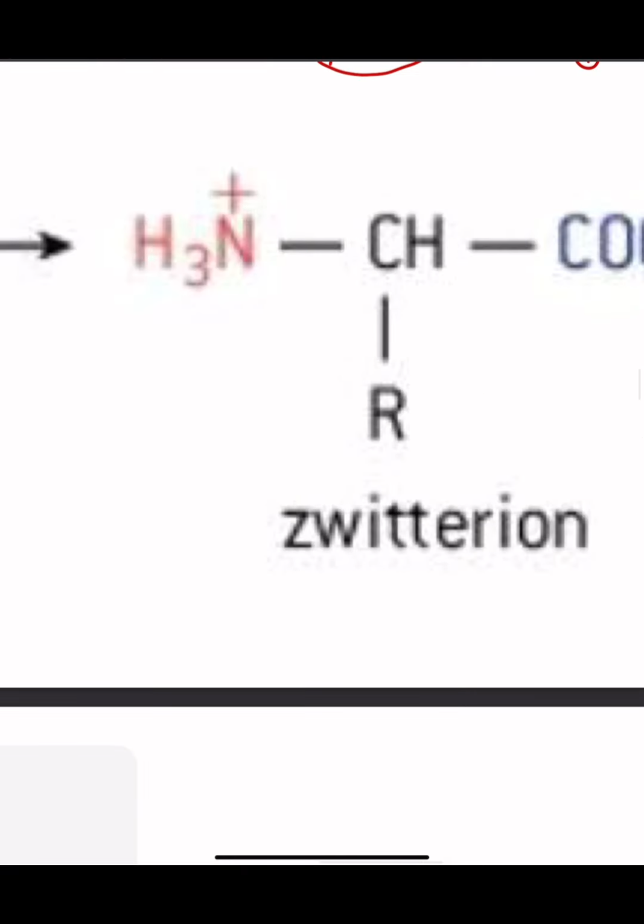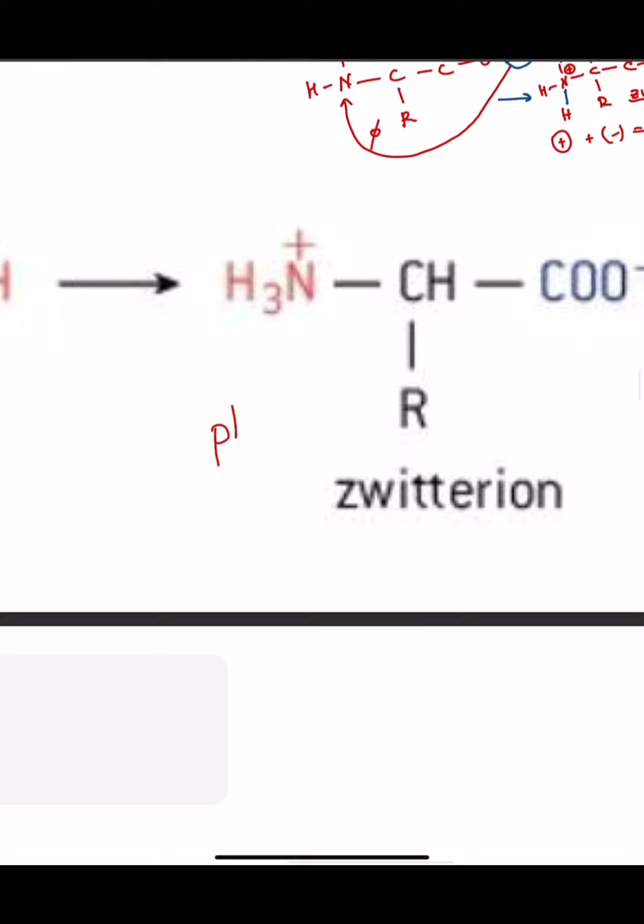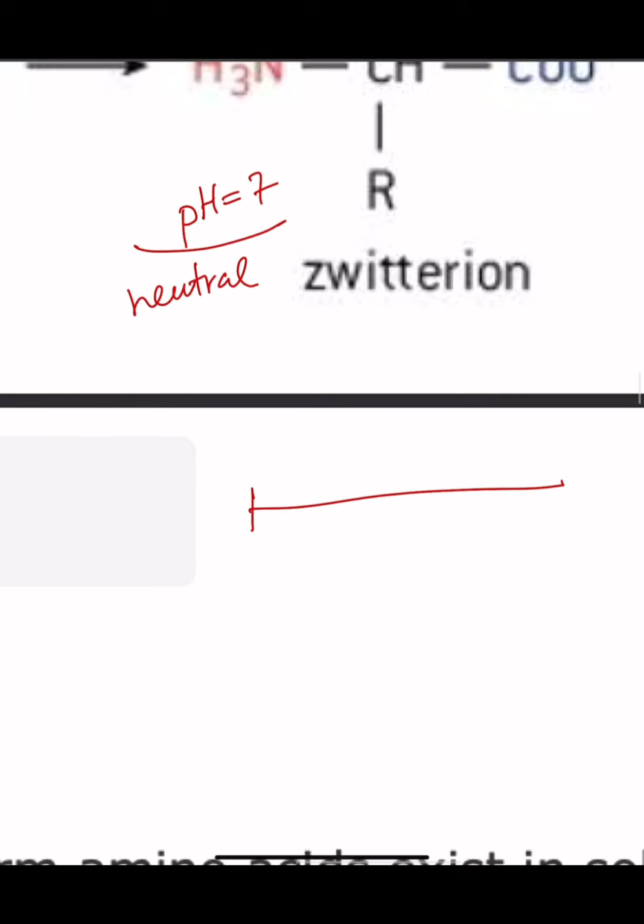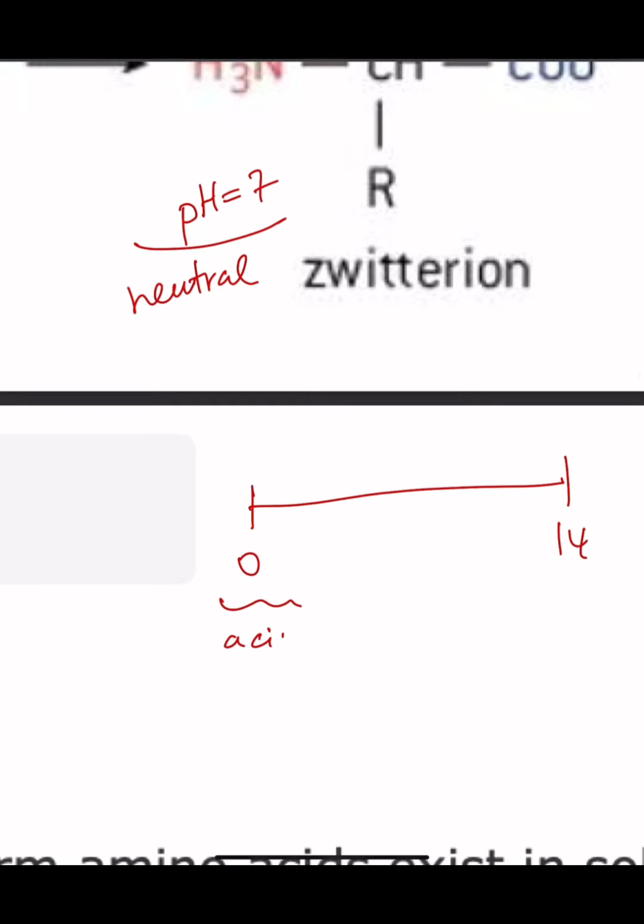And zwitterion form exists at pH 7. pH 7 means neutral condition. If you remember the pH scale, when we had from 0 to 14, this side is acidic, and this side is basic or alkaline.